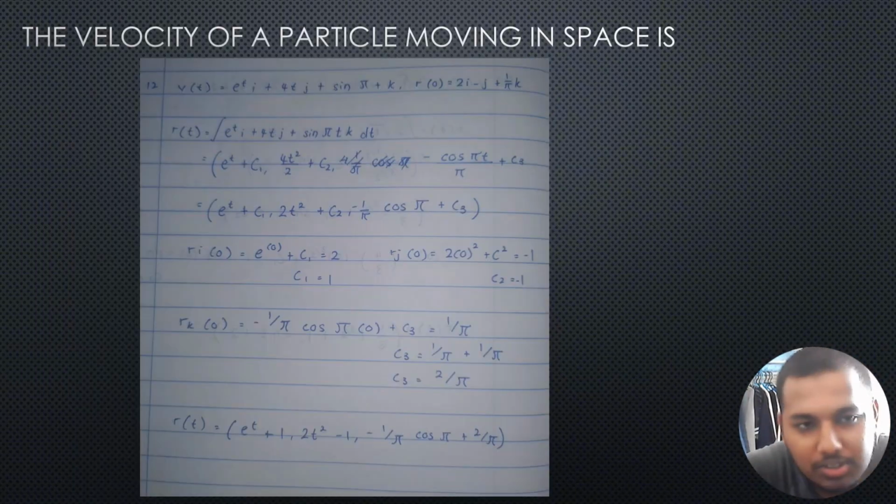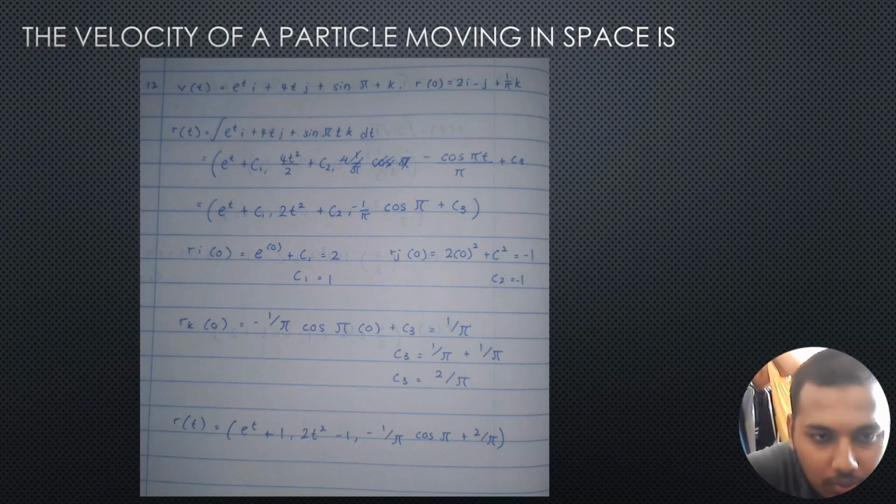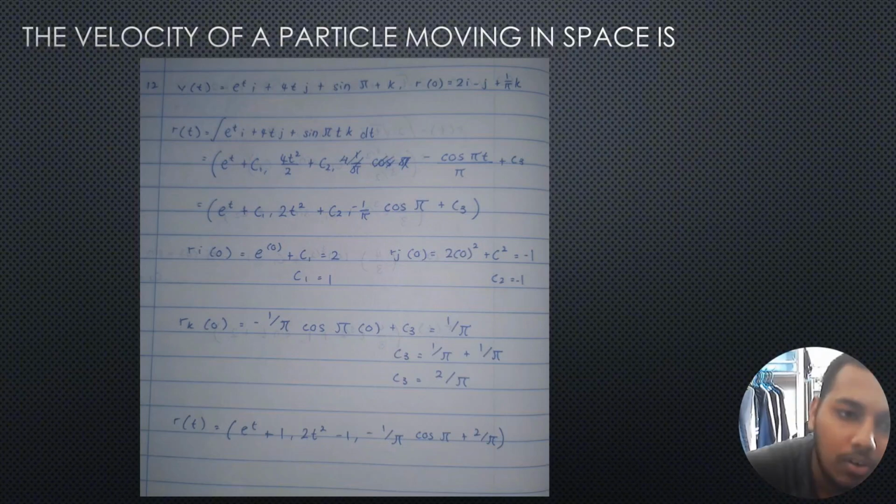Okay, question 12 is about the velocity. So this is the question, and then we make some integration. Then we need to simplify it. After that, we need to find the values of i, j, and k because it's about the vector. So for i, we get c1 the same as 1. For c2, we get negative 1.